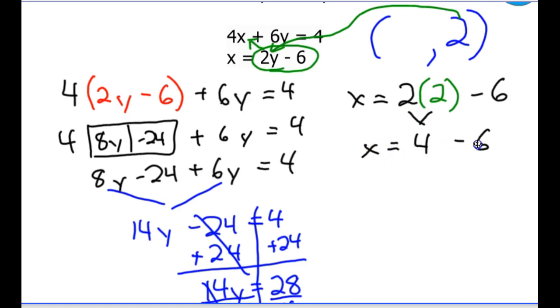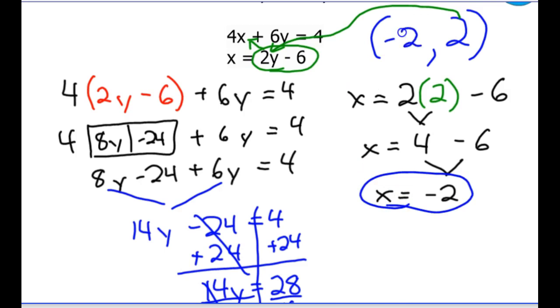We have x equals 4 minus 6. 4 minus 6 is negative 2. So x equals negative 2. So our answer is negative 2, 2.